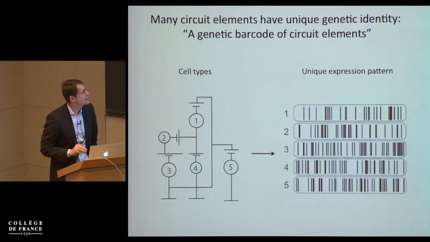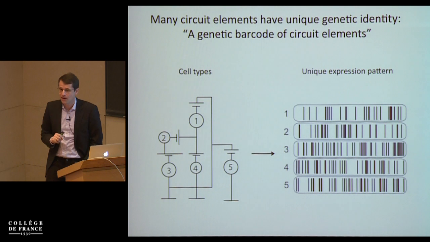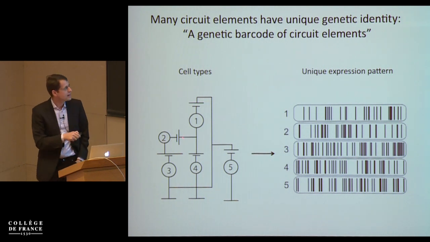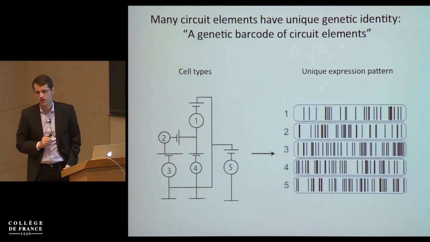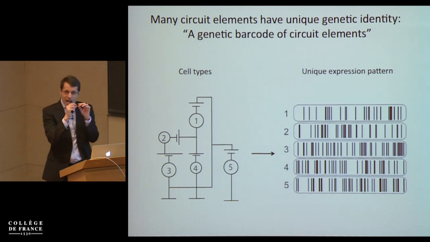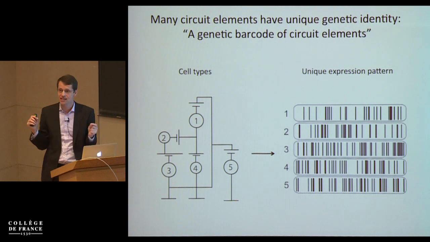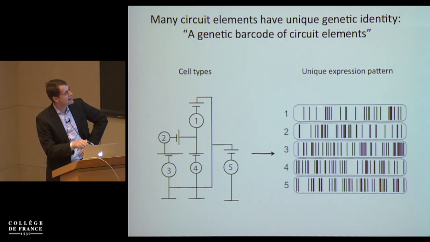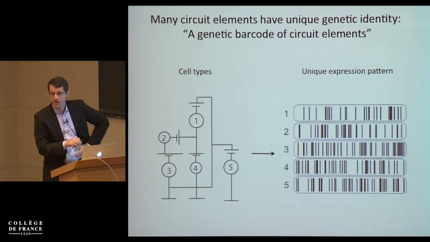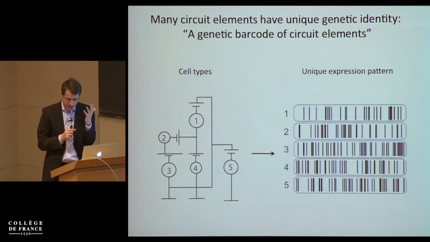This leads to a fundamental insight into neuroscience, namely that cells that have different morphologies also have very unique gene expression patterns. Every neuron, of course, has the same DNA in it, but not every gene is expressed in every neuron. Let's say half or a third of the genes are expressed in a given neuron, but a different set is expressed in one cell type than in the other.